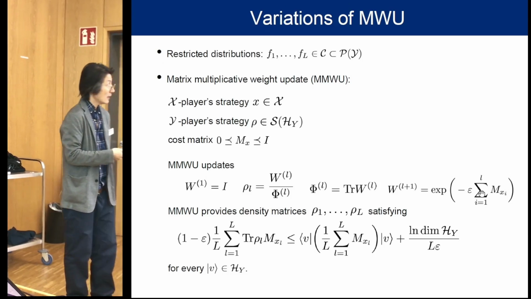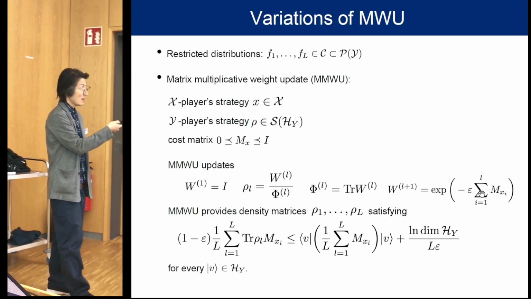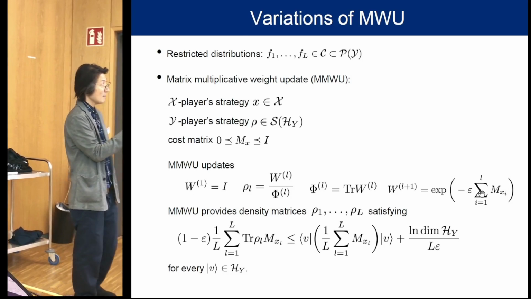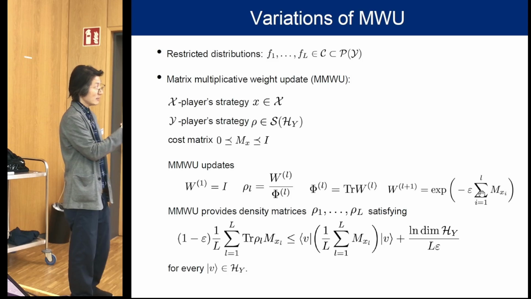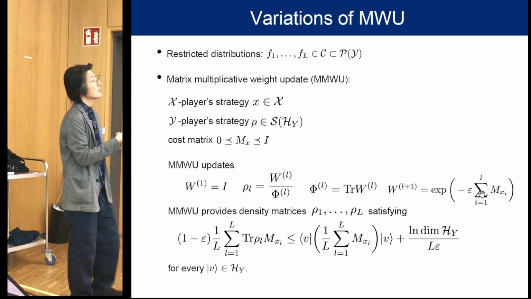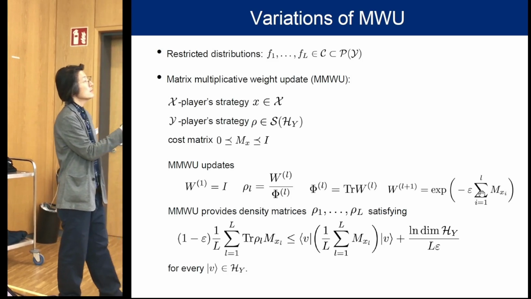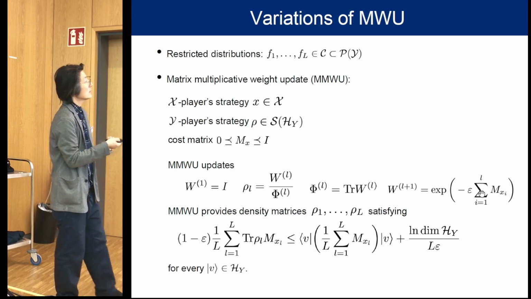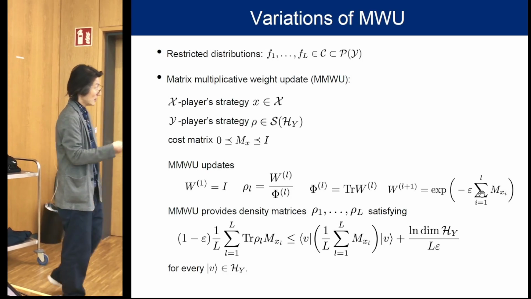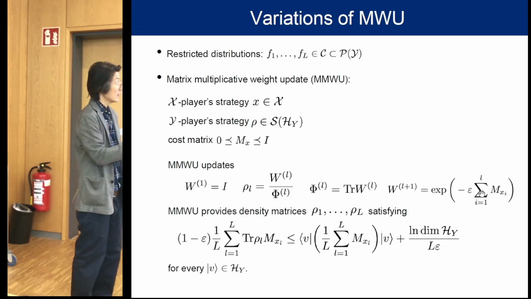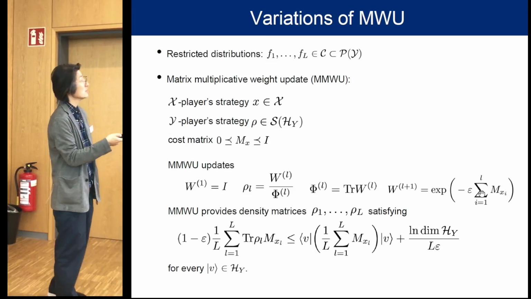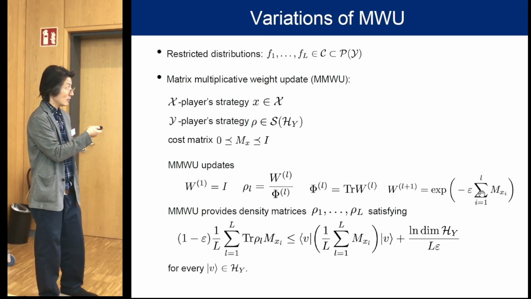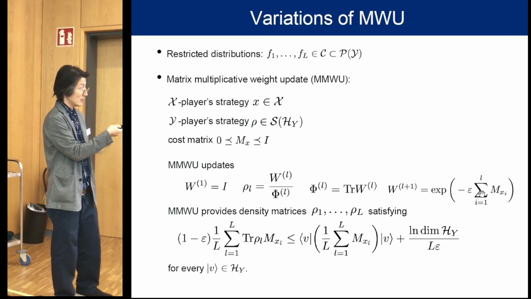Then in the matrix MW algorithm, the initial weight matrix will be the identity, and then we update the weight like this, using matrix exponentiation, in a similar manner as the previous MW algorithm, and we have a similar guarantee like this.